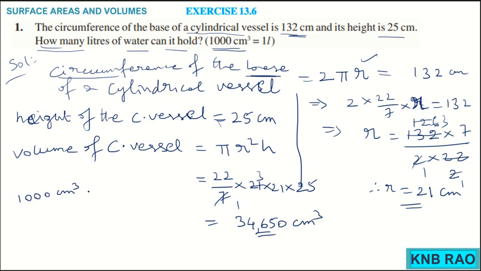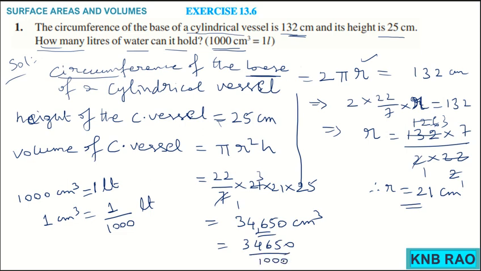Now you are given that 1000 centimeter cube is 1 liter, where if you want to convert 1 centimeter cube, you have to divide it by 1000 to get liters. That means when I divide this 34,650 by 1000, I'll get that in liters.